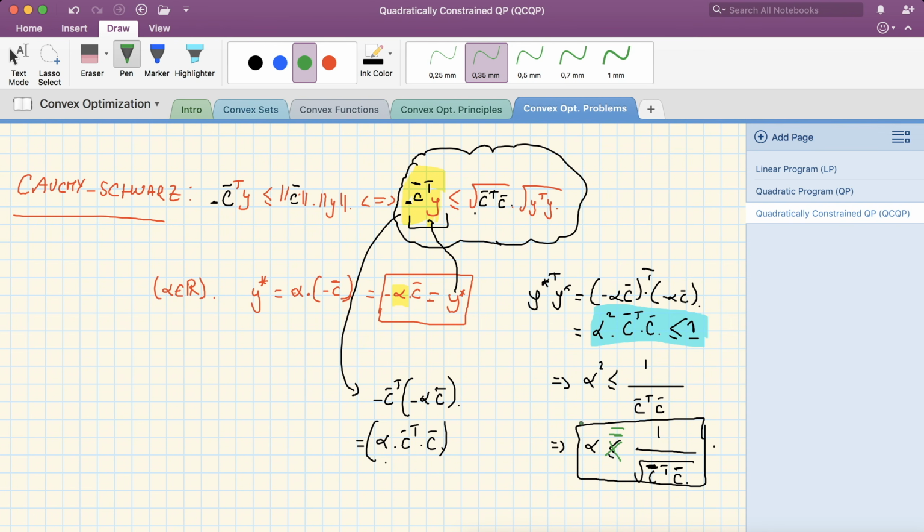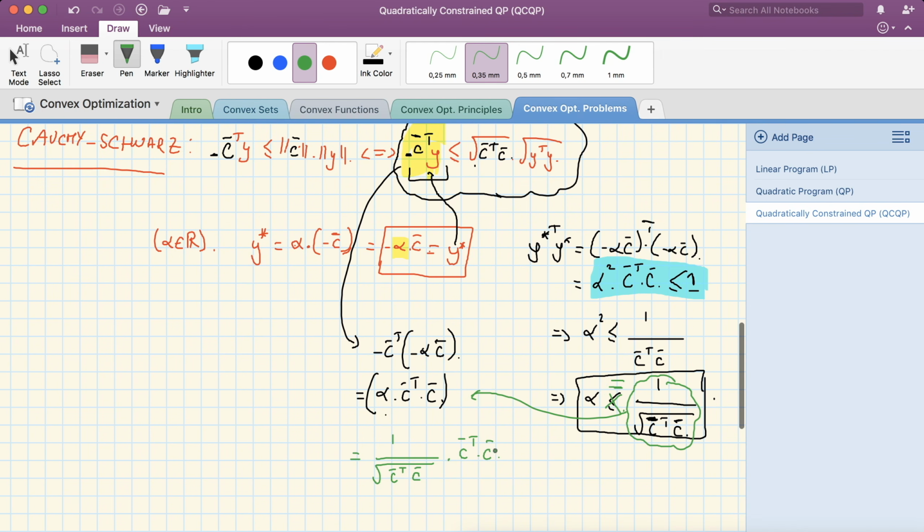So choosing alpha to be this upper bound, we get 1 over square root of c bar transpose c bar times what's left here, so c bar transpose c bar, right?